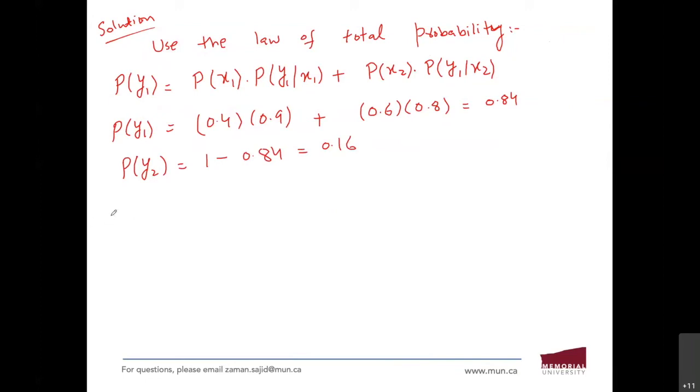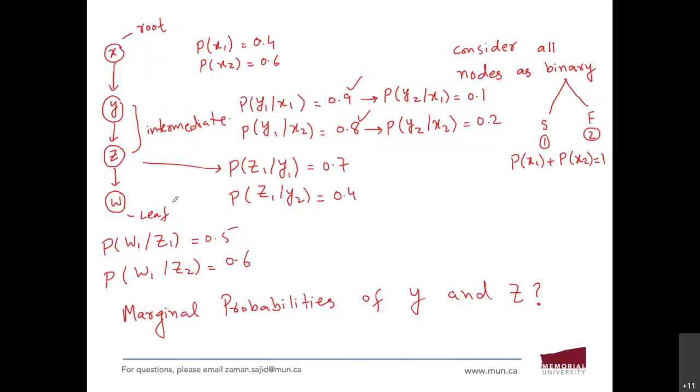Let's find out the marginal probability of Z. In this network, Z has the parent Y, so I will be using two states of Y here, Y1 and Y2.